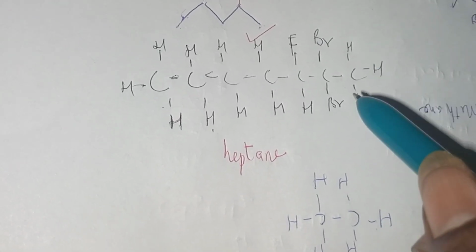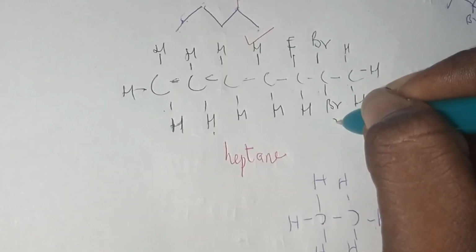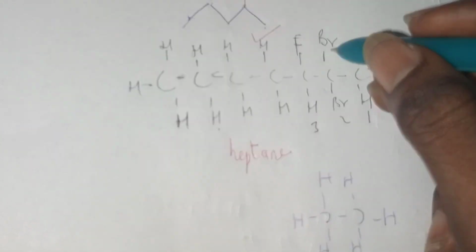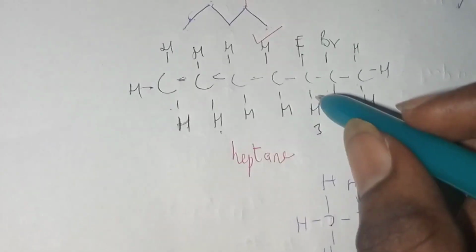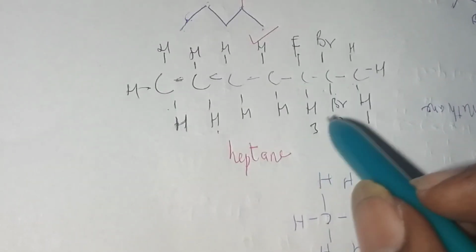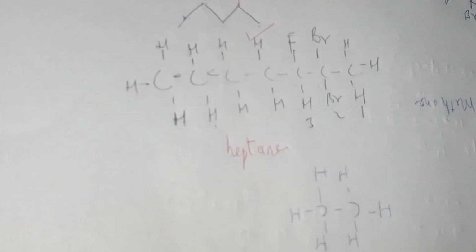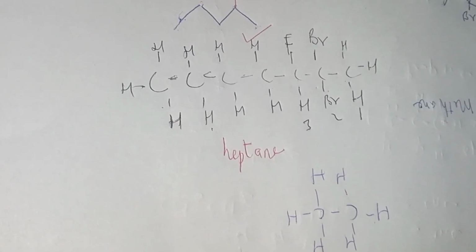So the shortest route is 1, 2, 3. Do you get it? 1, 2, 3. So here we have bromine found on the second carbon, and we have a fluorine found on the third carbon. So in this case, how are we going to name it if we have one substituent appearing more than once?